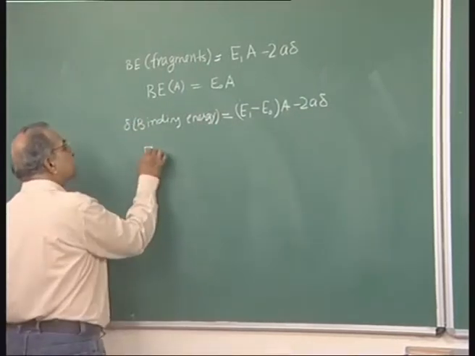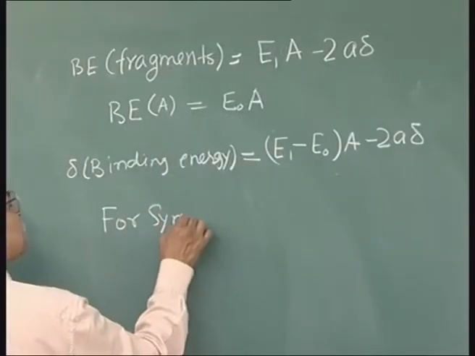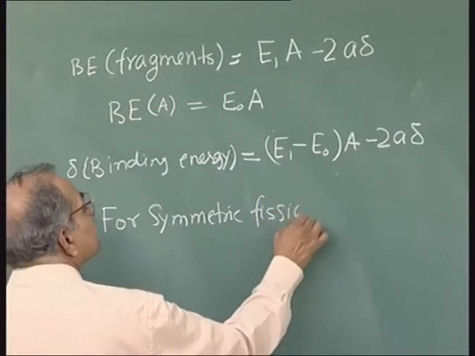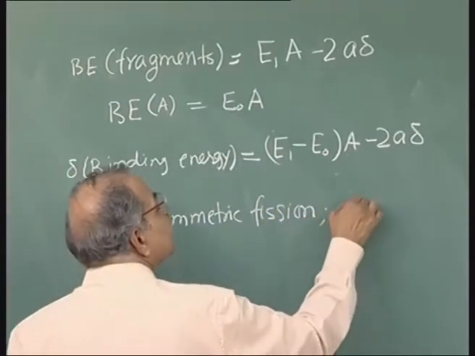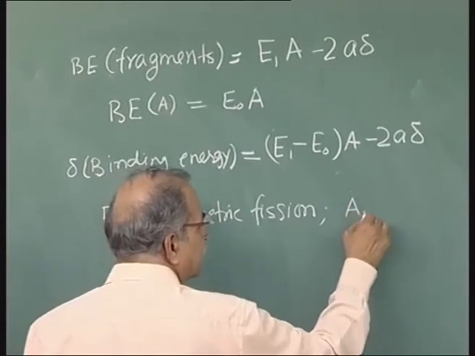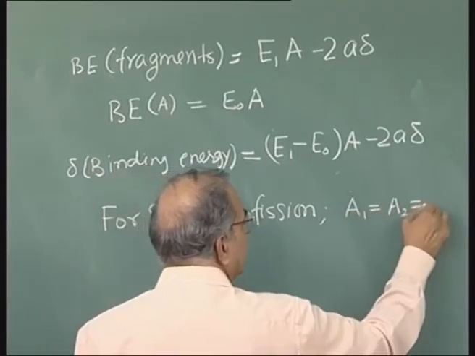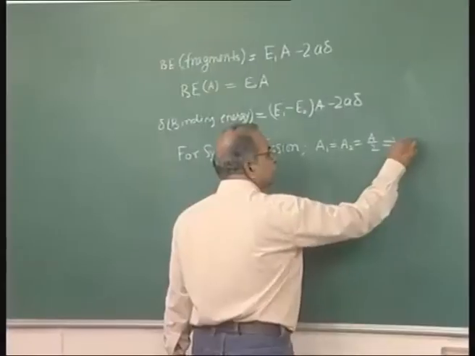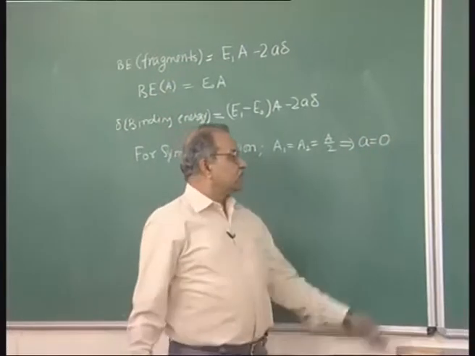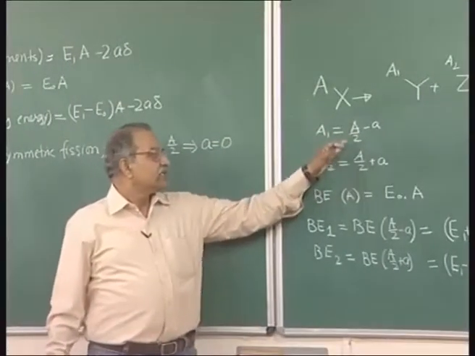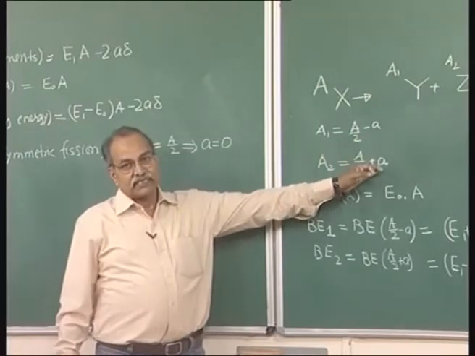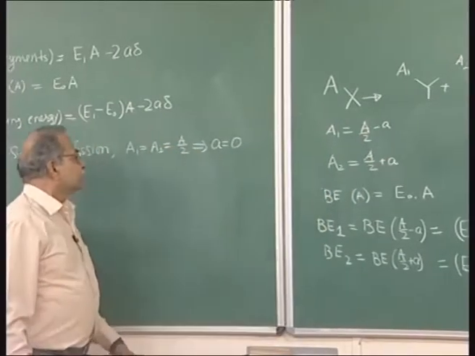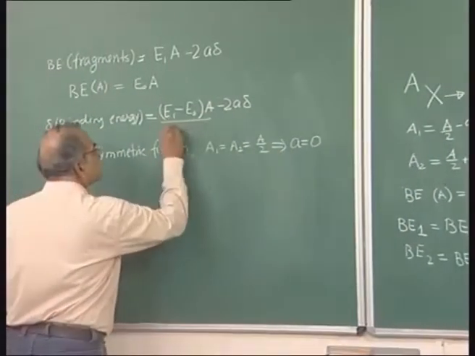For symmetric fission, the two fragments are just equal, A1 equal to A2 equal to A by 2, and that means small a is 0, because I had taken the two fragments as A by 2 minus a and A by 2 plus a. Symmetric fission means these mass numbers are equal, and so small a is 0. Then you have the largest energy release.